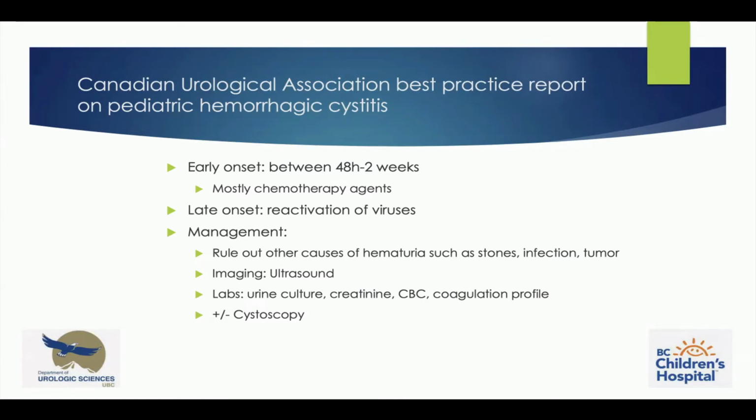So we have to rule out other causes of hematuria, such as stones, infection, tumors, and we can do a complete blood count, coagulation profile, creatinine, a urine culture, and an ultrasound. In the pediatric patients, of course. And for cystoscopy, I'll talk about it in the next slide, but this is part of the treatment, but we don't always need to do it as we do with gross hematuria in adults.